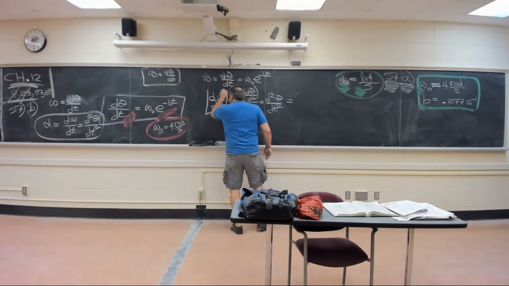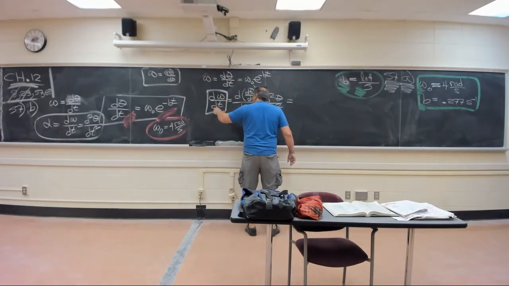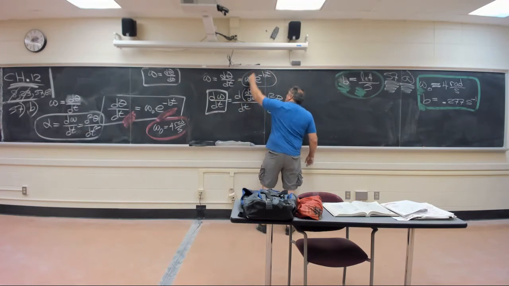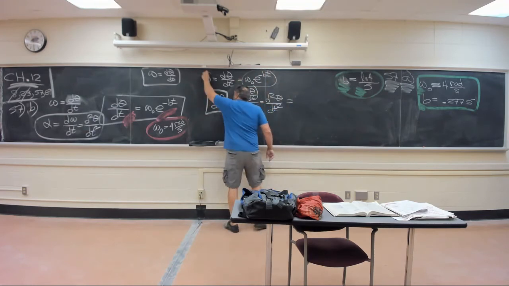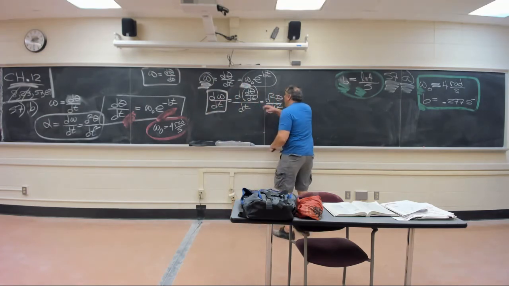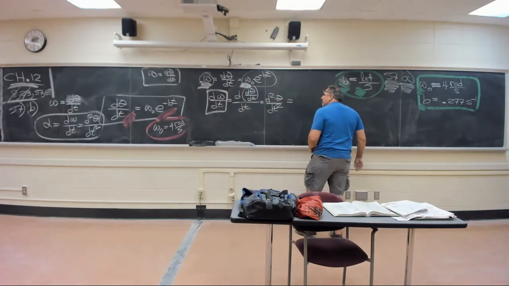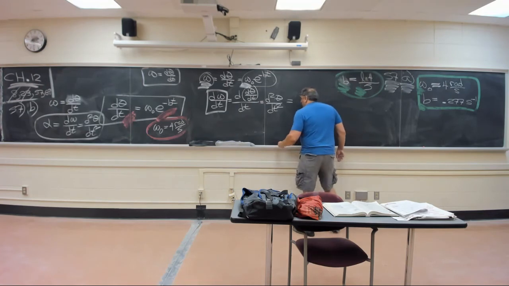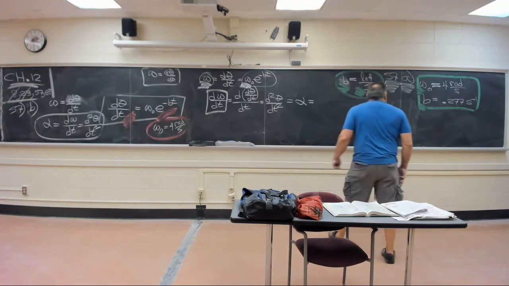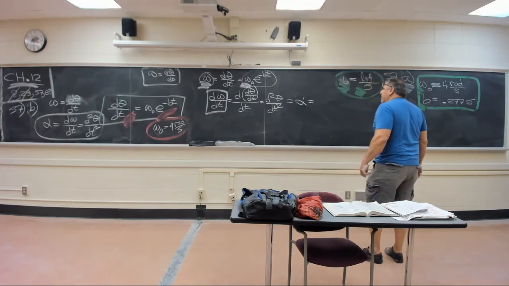Just get the derivative d omega dt. If omega is this, d omega dt is the time derivative of that. That equals the acceleration.